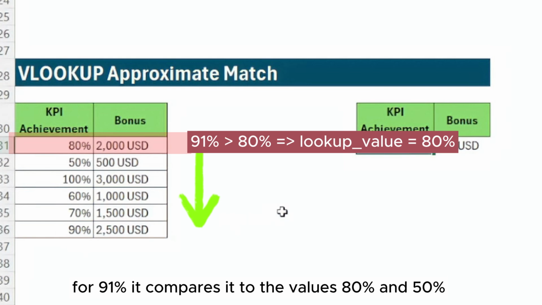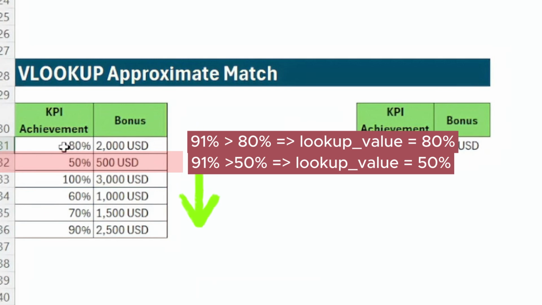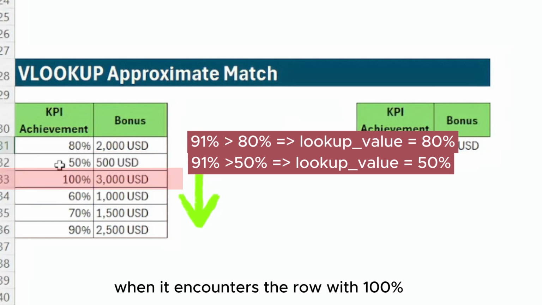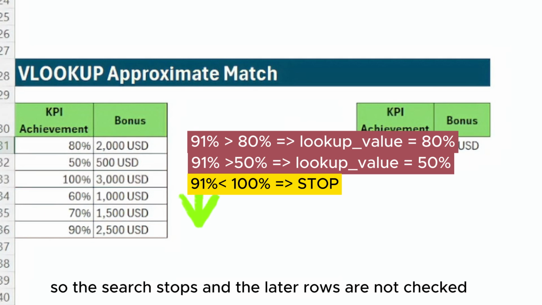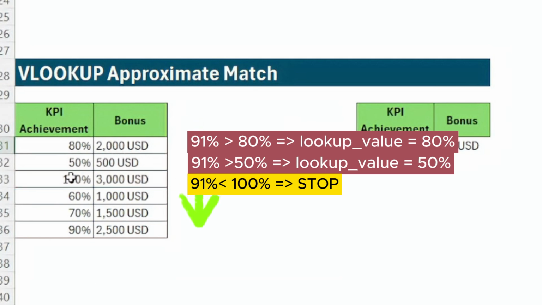For 91%, it compares it to the values 80% and 50% in the first rows. When it encounters the row with 100%, 91% is less than 100%, so the search stops, and the later rows are not checked.